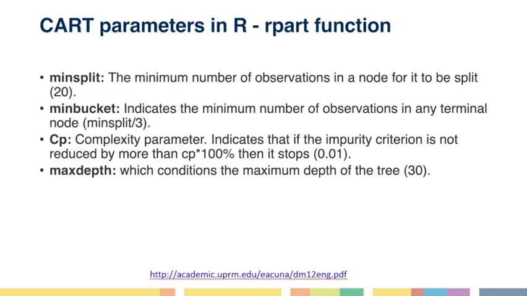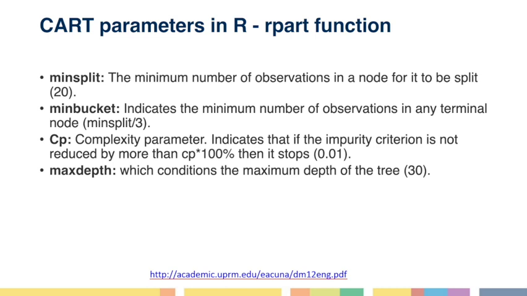To execute regression trees in R, we have this rpart function that is part of the package called rpart. There we can calibrate 4 different parameters for building these trees. Among them, we have this one that's called minsplit. That's the minimum number of observations in a node for it to be split. By default, it has a value of 20.